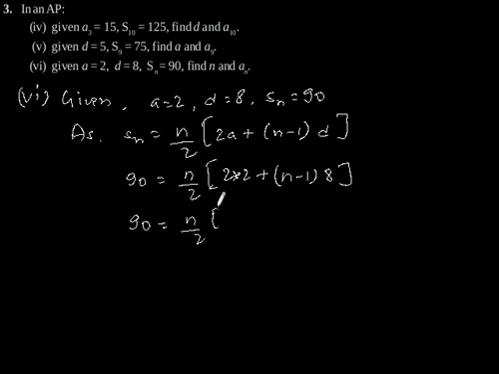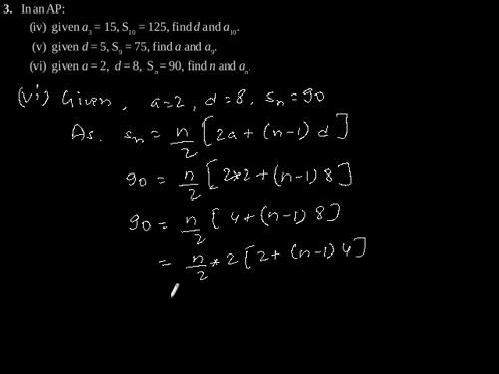n by 2 under bracket 4 plus n minus 1 into 8. Taking 2 common, we will get n by 2 into 2 under bracket 2 plus n minus 1 into 4.